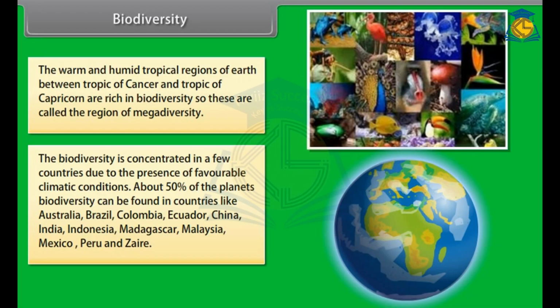About 50% of the planet's biodiversity can be found in countries like Australia, Brazil, Colombia, Ecuador, China, India, Indonesia, Madagascar, Malaysia, Mexico, Peru, and Zaire. The hierarchy of classification groups.